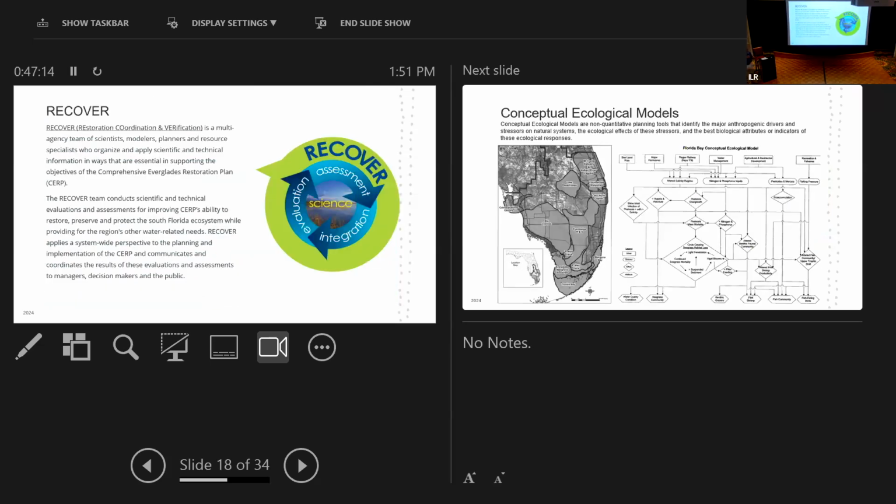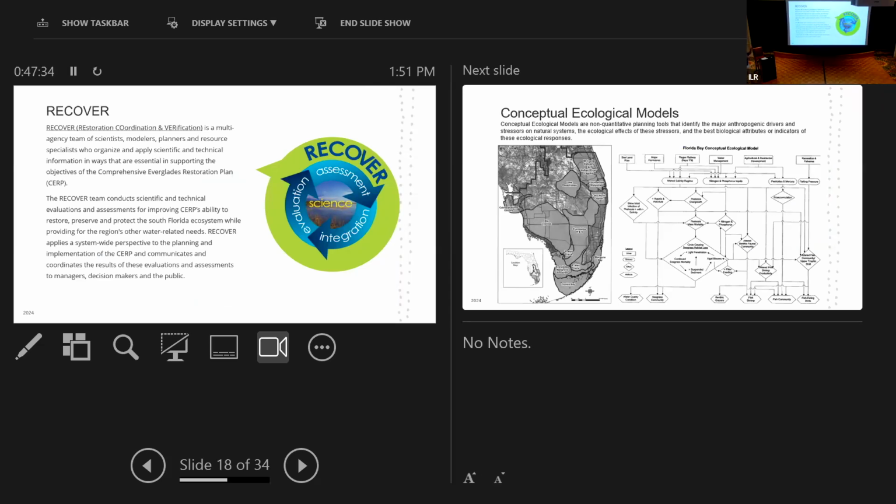So this is my part, where the scientists hang out, and this is RECOVER. We were charged through WRDA, which is the funding mechanism for all of this, WRDA 2000, to have RECOVER.